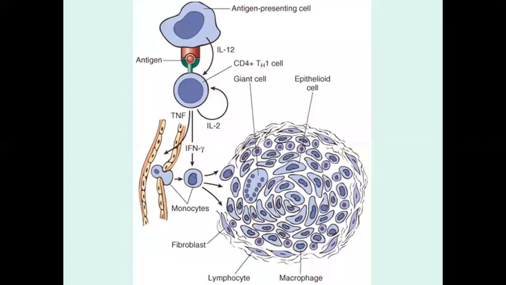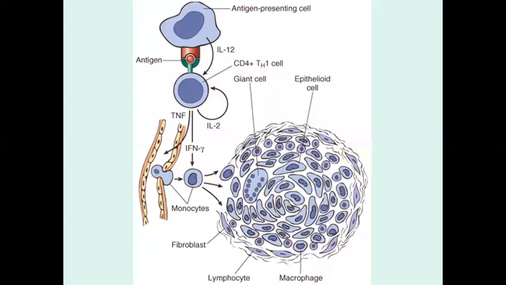And as we did in the chapter of inflammation, granulomas are always formed in a chronic inflammatory process. So you are never going to see granulomas in any of the acute inflammatory processes.